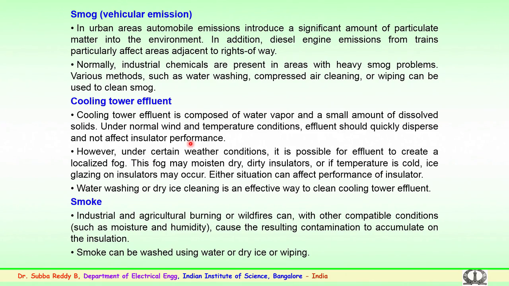This fog may moisten dirty insulators, or if the temperature is cold, icing or glazing of insulators may occur. So, in any situation this can affect the performance of the insulator. The cooling tower effluent also causes a contamination similar to a fog or any other contaminants.